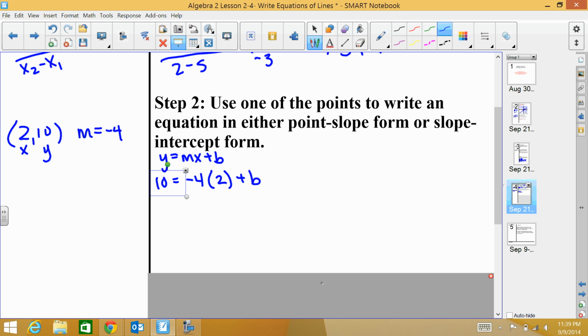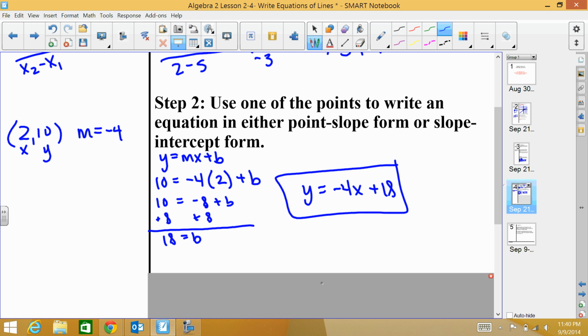Then I'm just going to work it out. I get 10 equals -8 plus b. I would add 8 to both sides, and so I get b equals 18. Now I need to write my equation. So my equation would be y equals -4x plus 18, and that would be the answer.